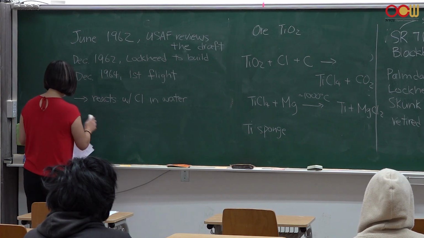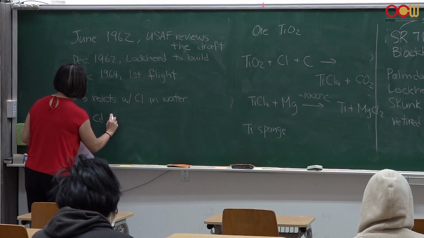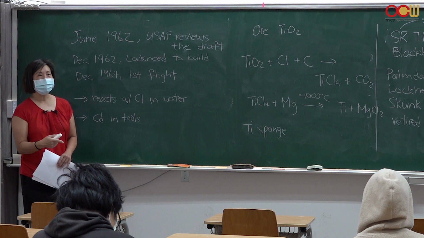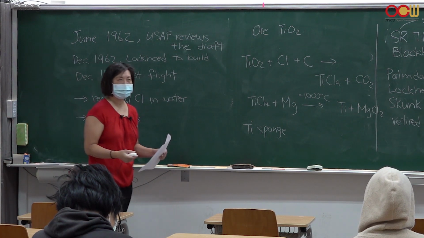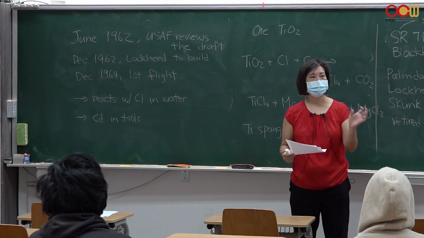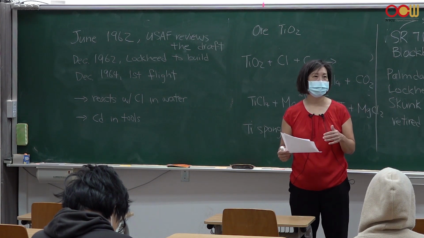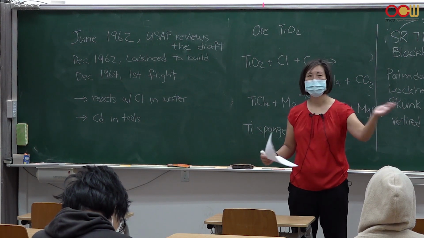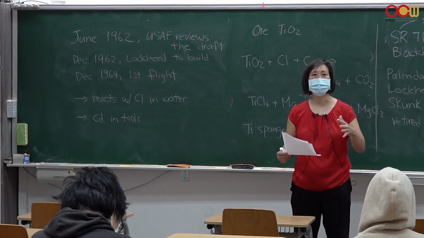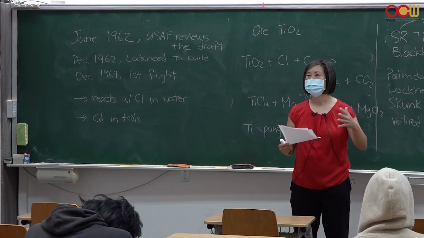And then also that a lot of the tools, cadmium, in the tools that they were using to drill holes into titanium or to cut titanium or to bend titanium caused corrosion. So the cadmium reacted with the titanium metal and caused corrosion, so they had to actually go through and replace all of their tools, all of their cutting tools, all of their bolts, with materials that did not contain cadmium. So all trial and error as they were putting these things in.